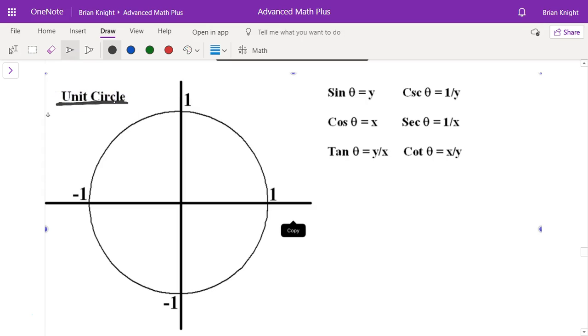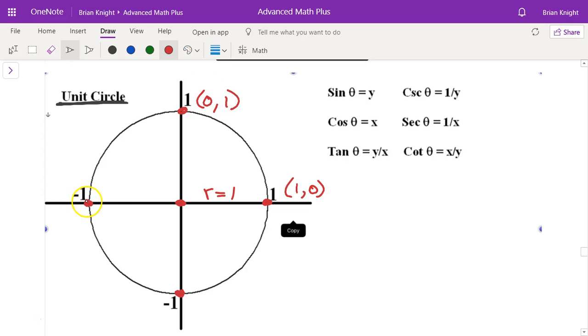The unit circle is a circle on the coordinate plane that has the center at the origin, and its radius equals what? 1. So that is what's considered to be the unit circle. What is that point right there? 1, 0.